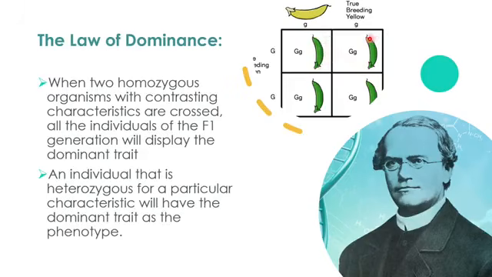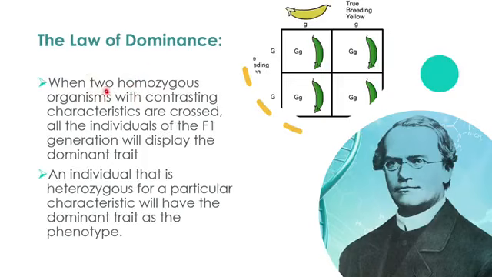And then after some time, the next generation, the offspring of the long pea and the short pea, made a new plant, and he realized that all of the offspring of the new generation were all tall peas, right? They were not short at all. So even though one parent was completely purebred short, he saw that all of the offspring were tall. So that is what he observed, and he used that to come up with his law of dominance.